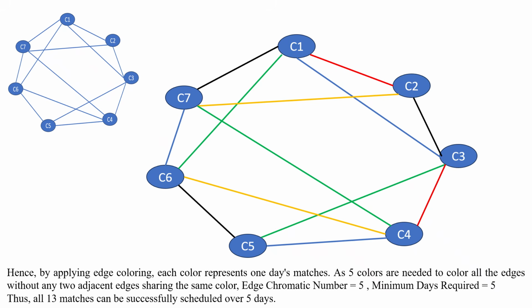The conclusion will be like all the 13 matches can be successfully scheduled over 5 days, with every team playing at most one match per day. So from the given data, we are concluding with the statement where 5 days required for every team to play at most one day.